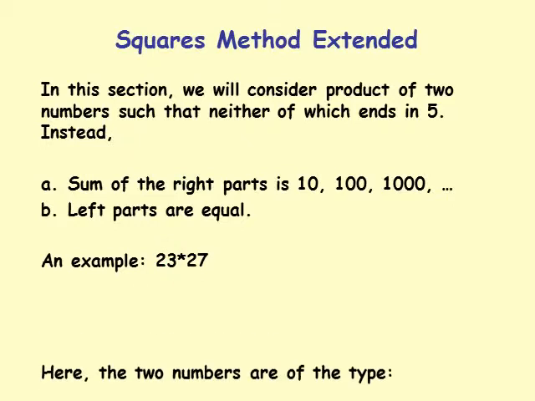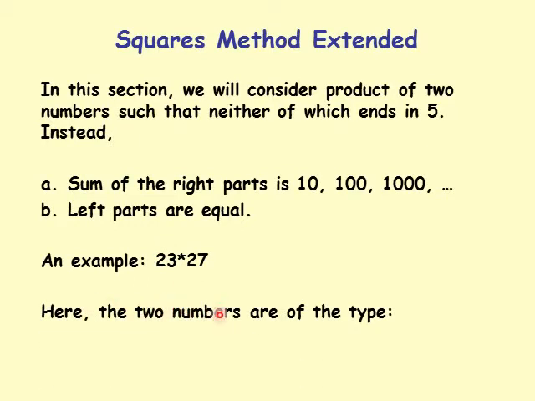Here the two numbers of this type are 10a plus n, which is one number, and now 10a plus 10 minus n. So n and 10 minus n add up to 10, which is one of the base numbers here.